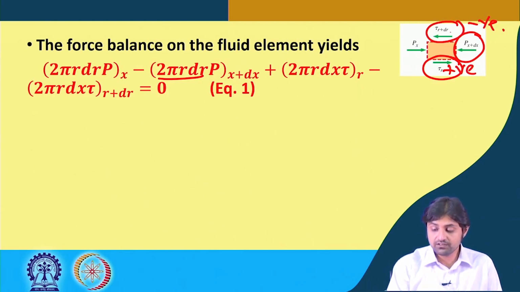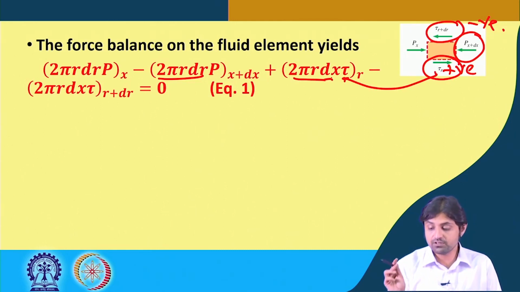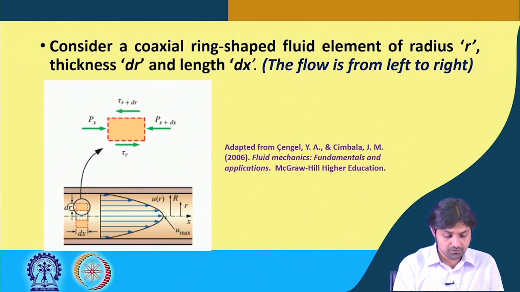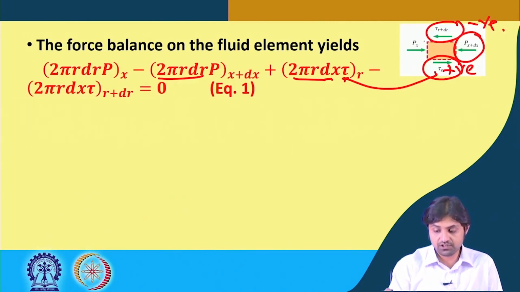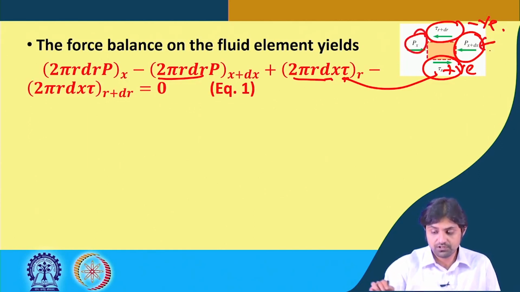Again this is a shear force, so we have multiplied tau with 2 pi r dx, because this is the length over which it is acting. So this was dx and this was dr. So multiplication by dr was done for the pressure forces. However, multiplication by dx will be done for the shear stress.